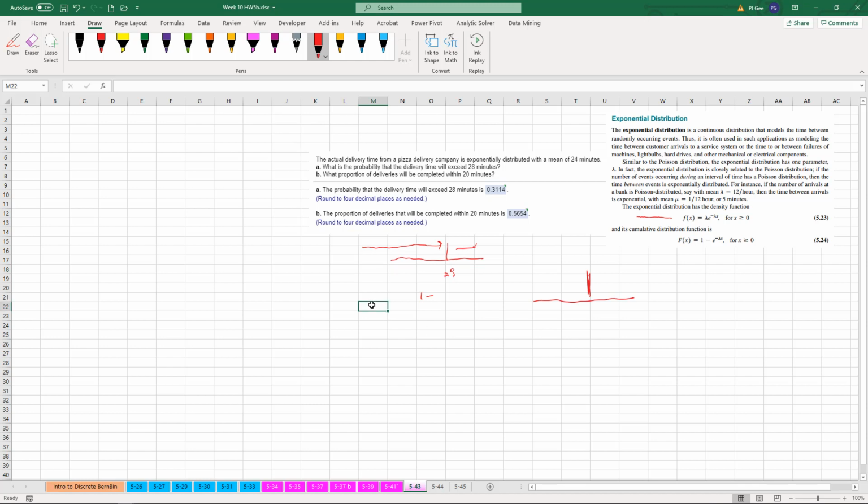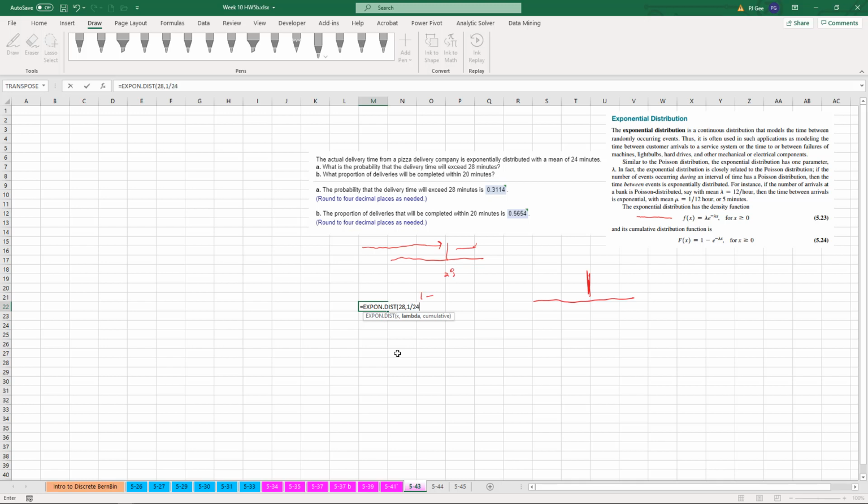Okay, so let's punch in our, I think we have everything we need. Yeah, we could do this, exponential. All right, and now it needs an x, so that's our 28. What's our point of interest? 28. What's our lambda? So lambda is an arrival rate versus the time. We have the time, but you have to use lambda, which is an arrival rate, which is just 1 over the time.